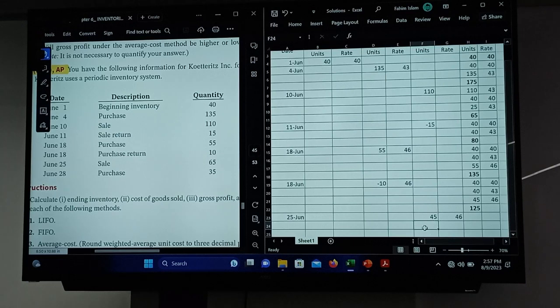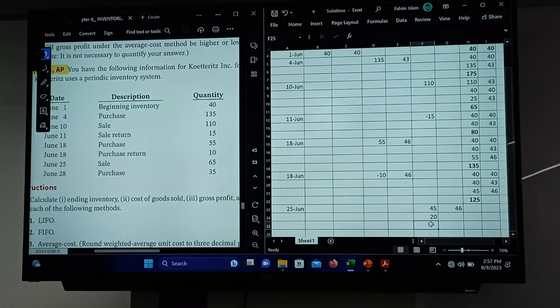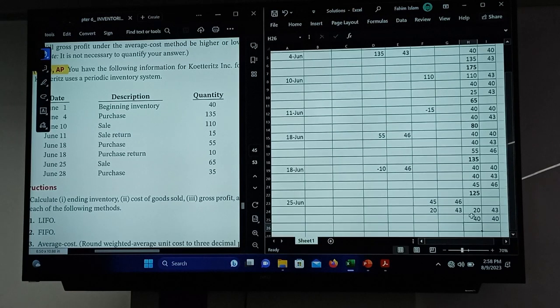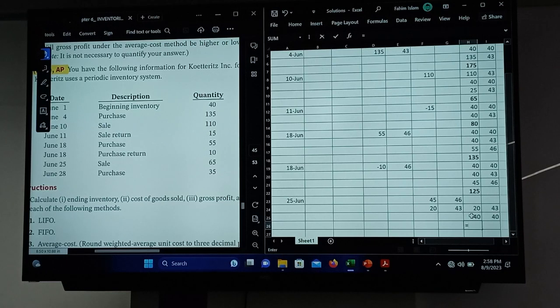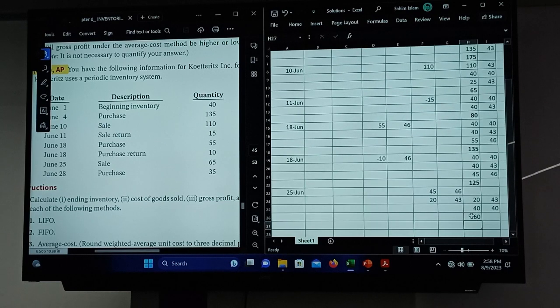Then we have only 20 units left. 65 minus 45 equals 20. We'll take that from this 43. So we have already taken 65 units, then the remaining 20 units will be calculated at 43 per unit, and the rest, 40 units, will remain at 40. So now we are having only 60 units at hand.